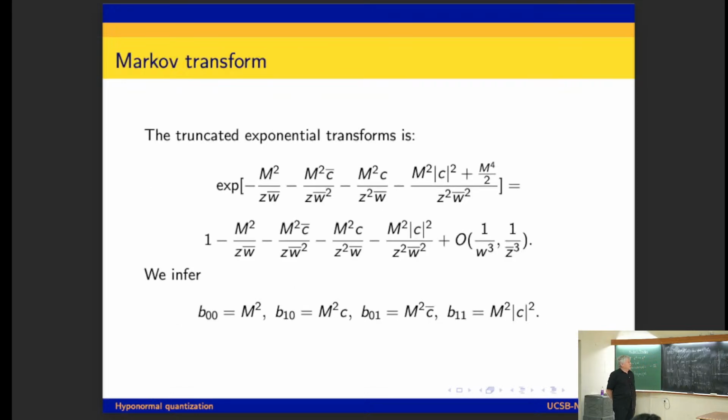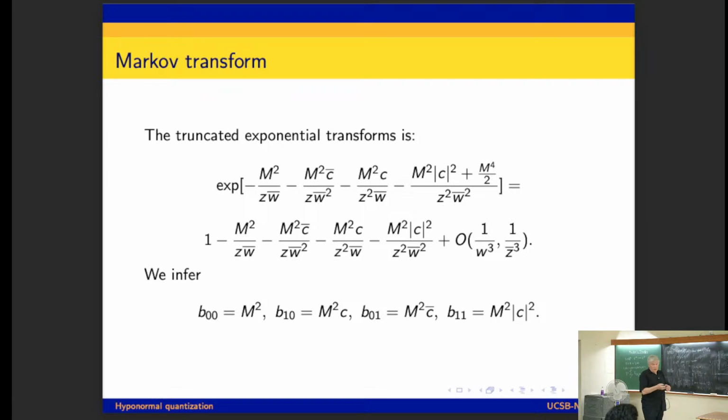Take the truncated generating function, so I put the moments into the generating function, and I compute formally the exponential. And I'm looking only at the lower degree terms in 1 over w, 1 over z bar. 1 comes first, then this is linear, and then I have a product of these two, and only this one will count, if I go up to these degrees.